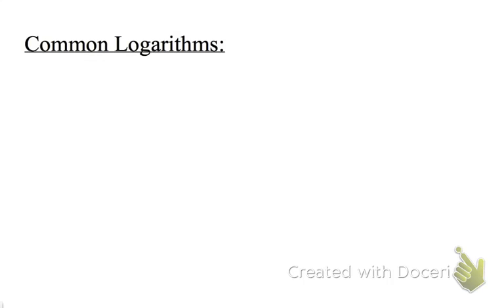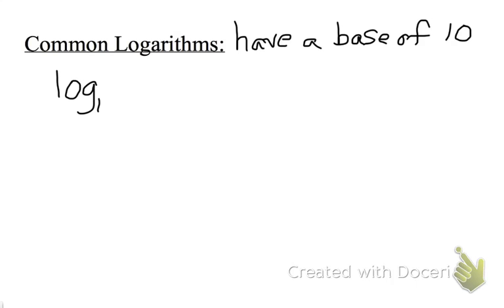The last thing to note are common logarithms. Common logarithms have a base of 10. 10 is such a common base that it's called the common logarithm. And instead of writing log base 10 of x, we don't write it that way.